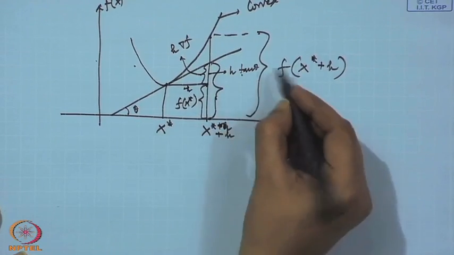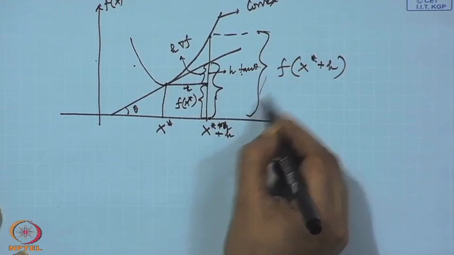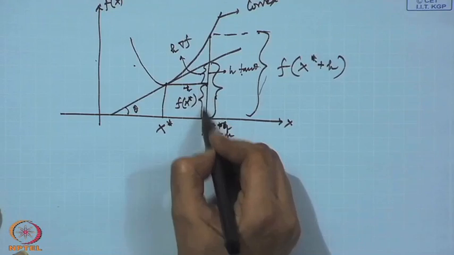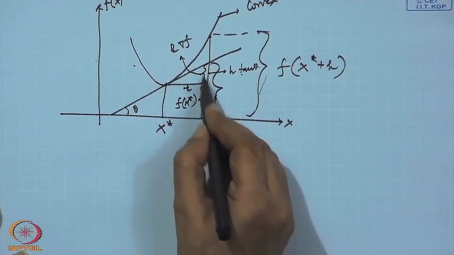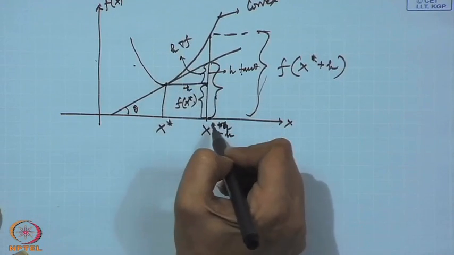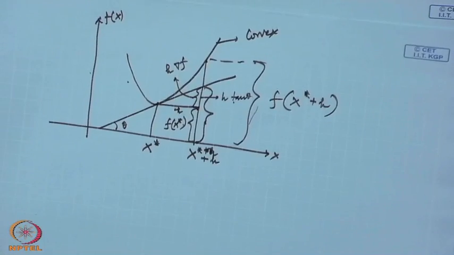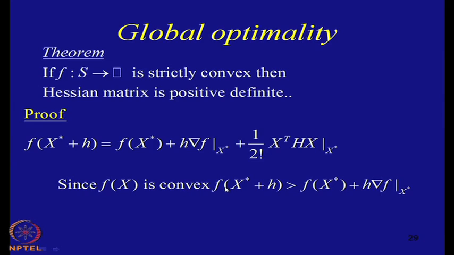That is why we see that f of x star plus h is greater than f of x star plus h times the gradient of f at x star. This is the reverse for the case of a concave function. For the concave function, it will just reverse: f of x star plus h must be lesser than f of x star plus h times the gradient of f.